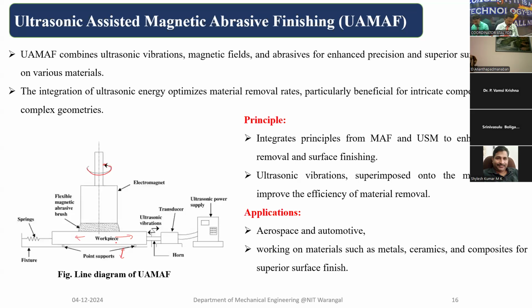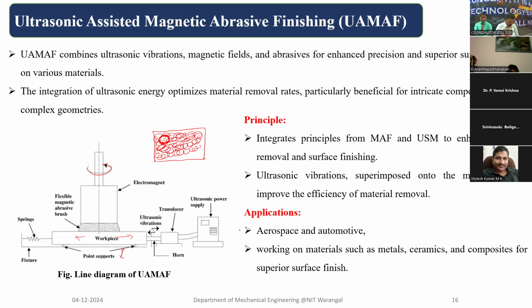But along with this rotation of the brush, if you get movement in another direction, like a random movement, in the top view, then the material removal may be more uniform, or it may give more influence.